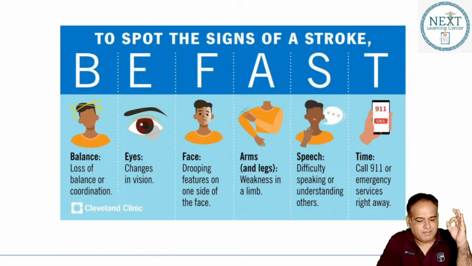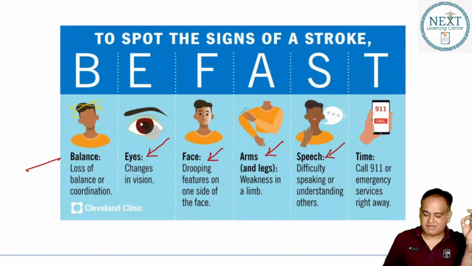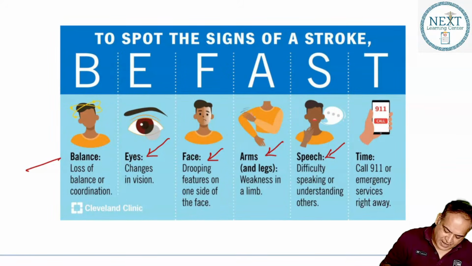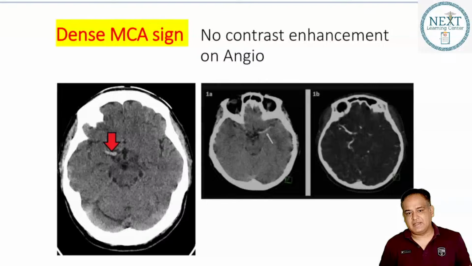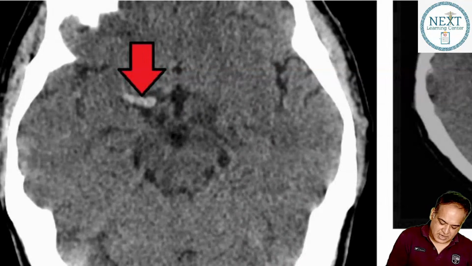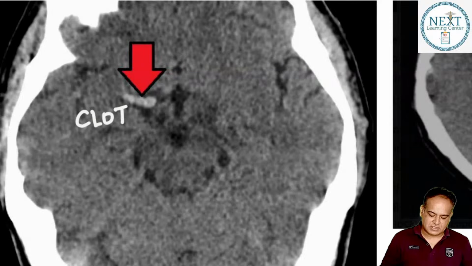There is a mnemonic, BE FAST: loss of balance, change in vision, face drooping, arm and leg weakness, speech difficulty. At that time, the first investigation you will get done is CT scan. The first thing you will see is the dense MCA sign. That means you will immediately be able to see a clot in the middle cerebral artery.